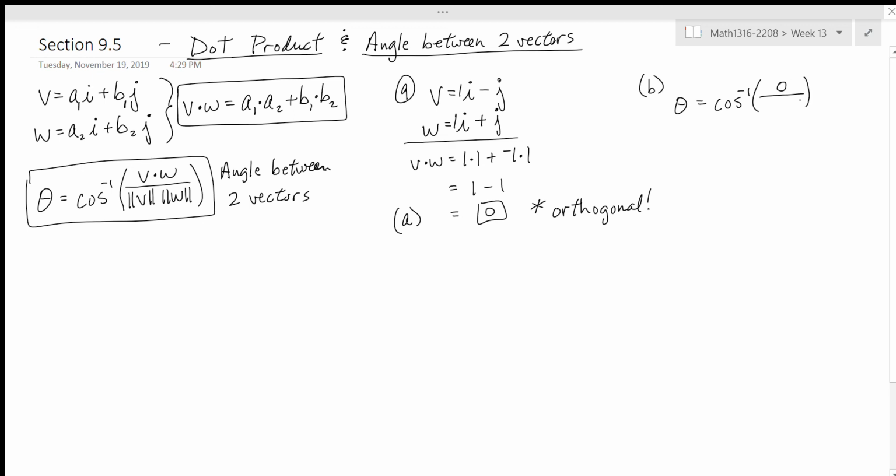And if the numerator is 0, does it really matter what the denominator is? 0 divided by any number is 0. So I don't really care what that is. I'm just going to leave it in its formula form because it doesn't really matter what it works out to be, because that's going to end up being the inverse cosine of 0. And what does that calculate to be?